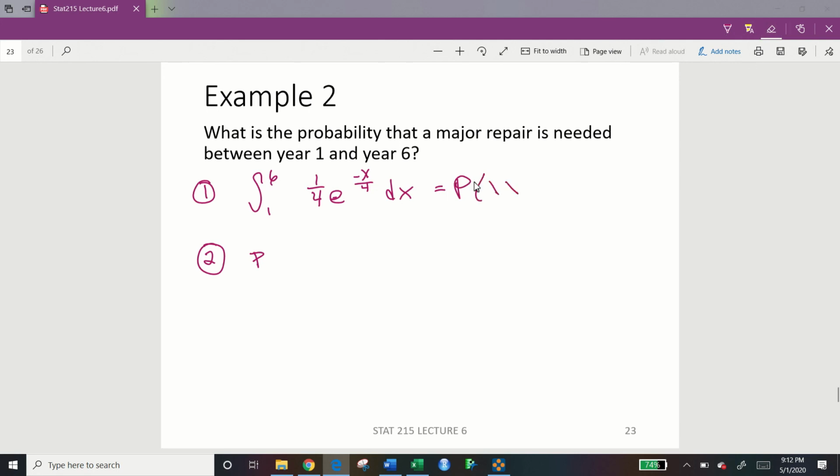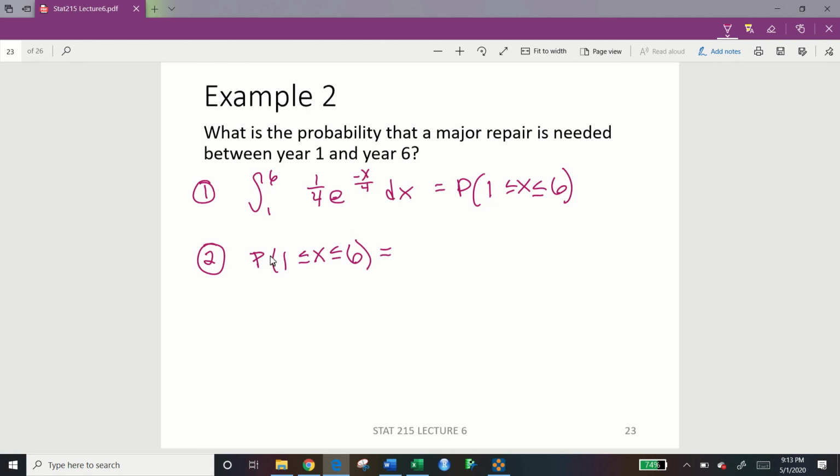here, let me just complete the first part. Remember, we're trying to find the probability of 1 less than or equal to x less than or equal to 6. So the alternative is to use our rule that the probability of a less than or equal to x less than or equal to b equals F of b minus F of a.